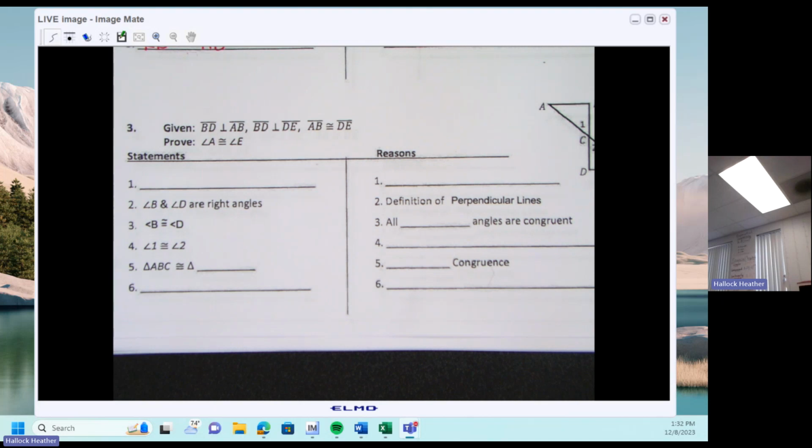If there's something after you're stating that triangles are congruent to each other, then it's going to be this. But normally it's self actually.